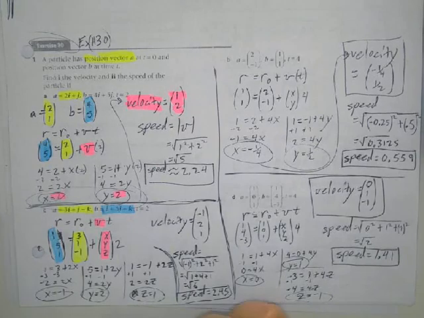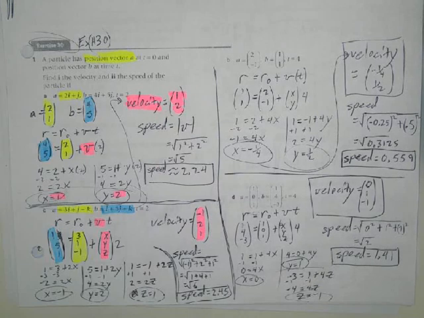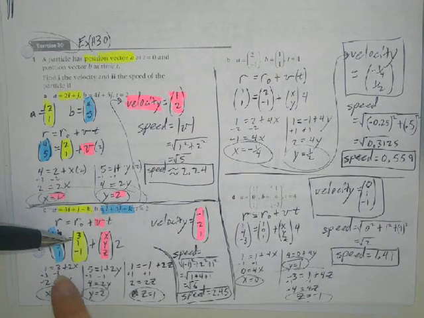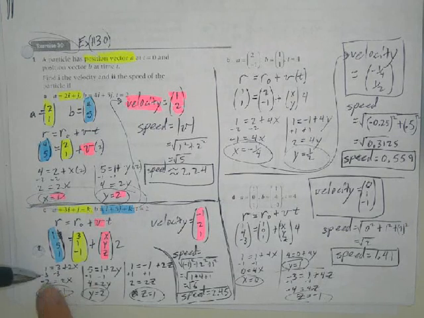I find the x, y, and z values of my velocity vector. Looking at the x values, I got 1 equals 3 plus 2x, and then I subtract 3 on both sides, and I get negative 2 equals 2x, divide both sides by 2.